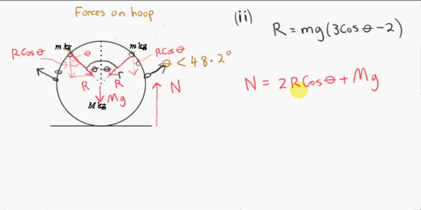So that means that this quantity r could become negative. So it's no longer meaningful to refer to this quantity as a magnitude. A magnitude is always positive. And that's exactly what's going to happen when the hoop loses contact with the ground. In other words, when n goes to 0. So what we do is we set n equal to 0. And you will see that r will have to be negative.